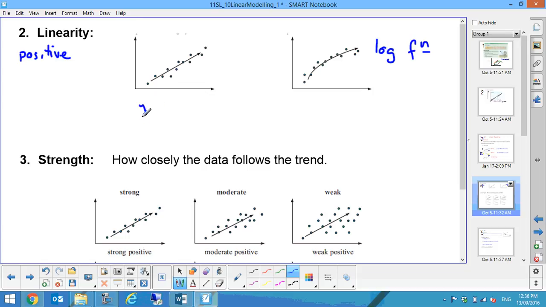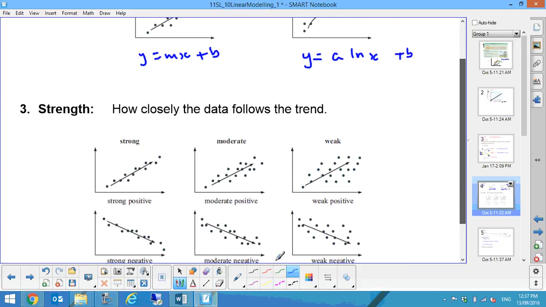In other words, we could use something like y = mx + b to graph that, whereas here we'd be looking at some sort of natural log, ln of x. We might do a plus b out here or something to model that. So both increasing, both positive, but different shapes.